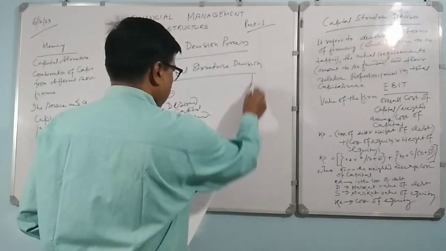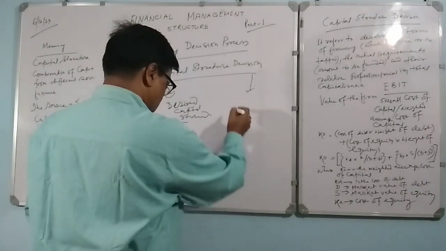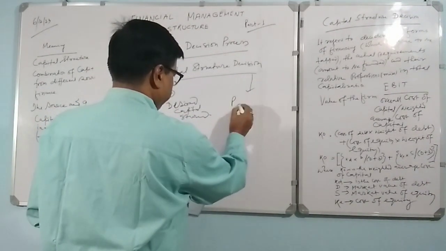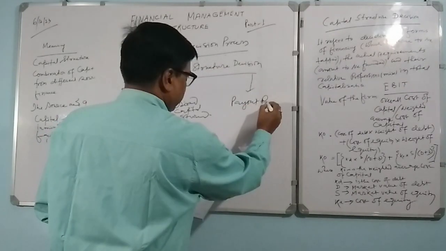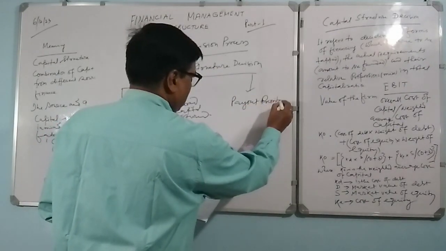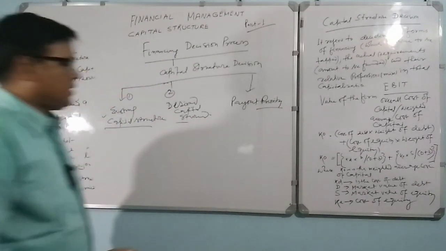Then number three is your payout priority. See, payout priority is also a very important part of the capital structure decision.